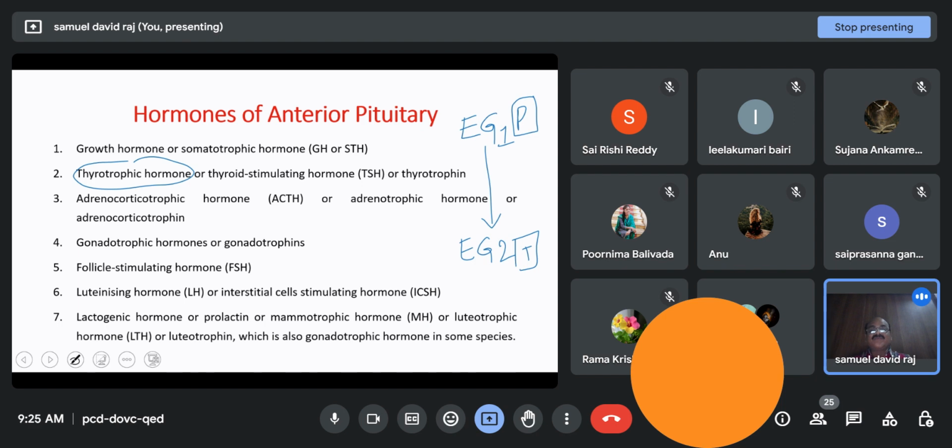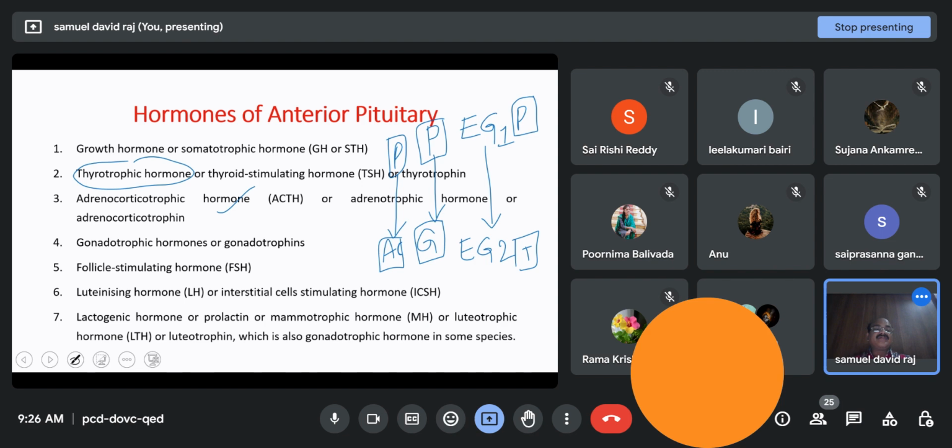Gonadotrophic hormone is secreted by the pituitary gland and stimulates gonads. Even gonads are endocrine glands. Adrenocorticotrophic hormone is secreted by the pituitary and stimulates another endocrine gland called the adrenal gland, only its cortex.